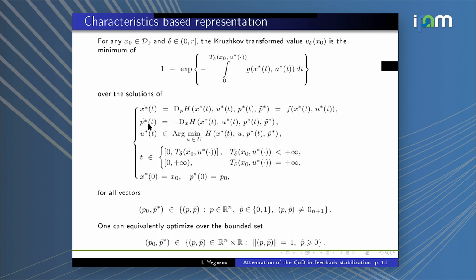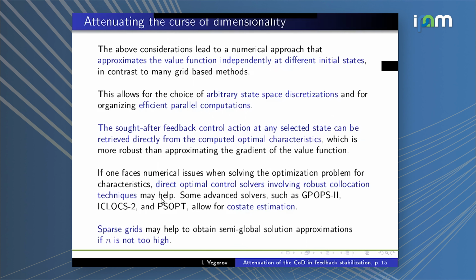And the costate actually represents the gradient of our value function. Of course, it's the gradient at the points where the value function is smooth, but we know that the value function is locally Lipschitz continuous, so by Rademacher's theorem, it will be differentiable almost everywhere. So almost everywhere with respect to Lebesgue measure, P will give us the gradient. So we know this gradient.